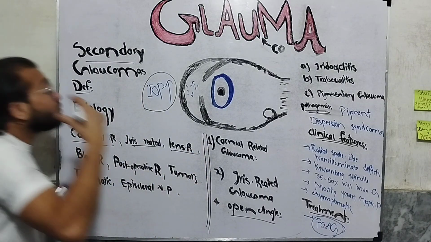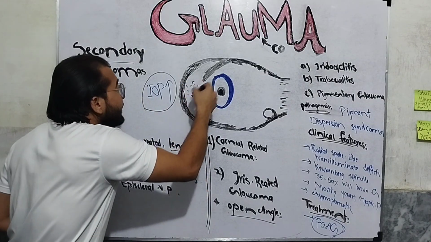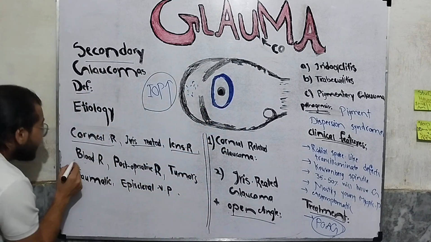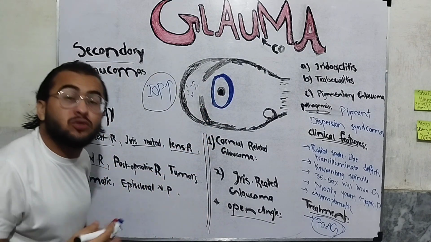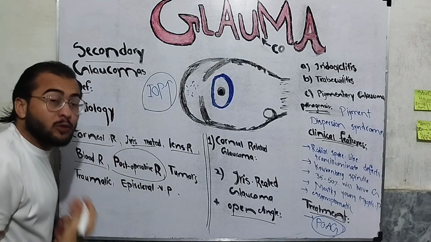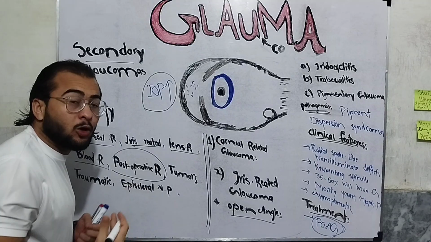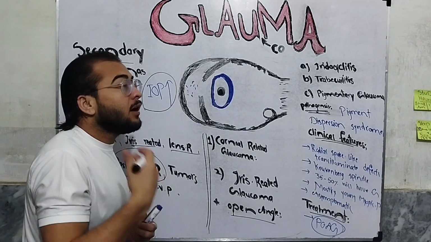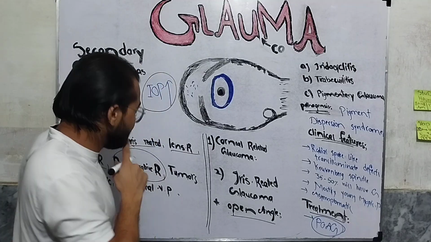We have the blood-related. For example, when there is an accumulation of blood in the anterior and posterior chamber, this can induce secondary glaucoma. We can have post-operative secondary glaucomas, after different operations, for example, after cataract surgery and after glaucoma surgery.